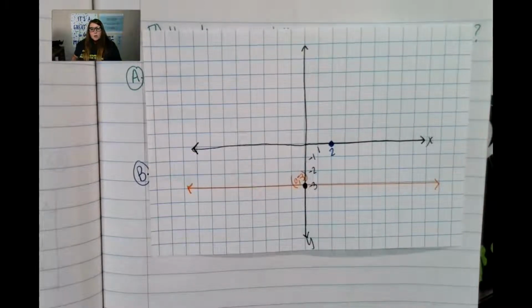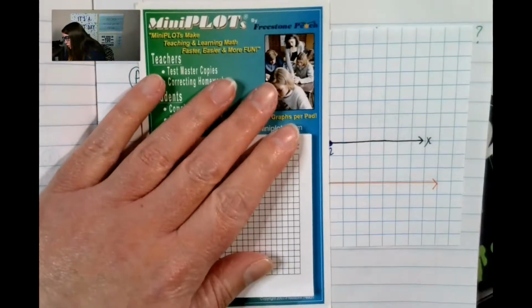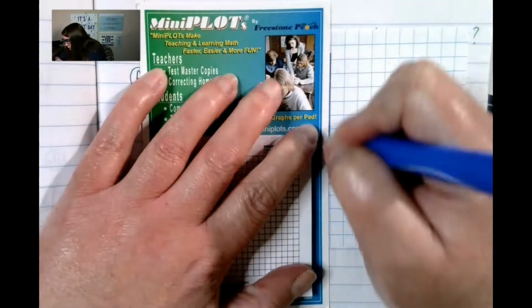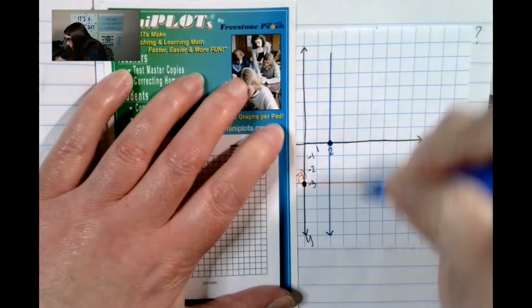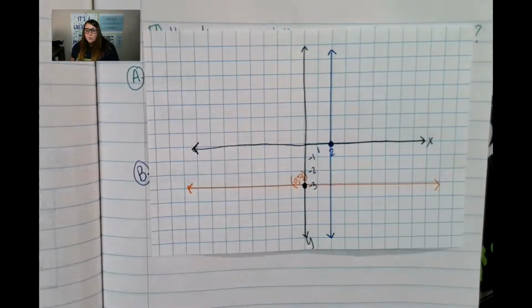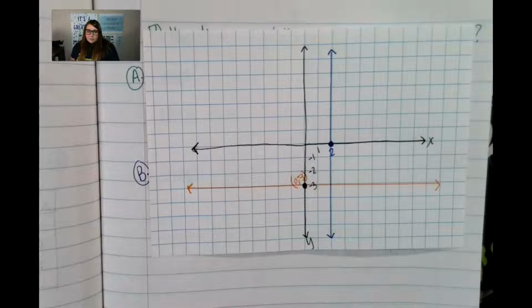So I'm going to draw my line vertically, because a vertical line shows that the y values are 0. It's not moving anywhere on the y-axis. Instead, it's just staying right there at x.